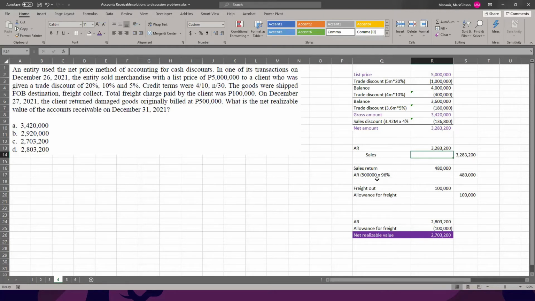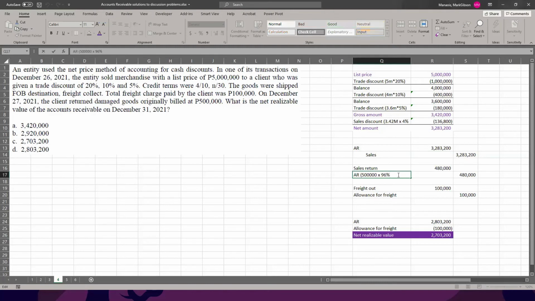Sabi kasi dyan, the client returned damaged goods originally billed at 500,000. So that's 500,000 multiplied by 96%. Bakit 96% plus? Eh syempre, we have also calculated the discount of 4%.